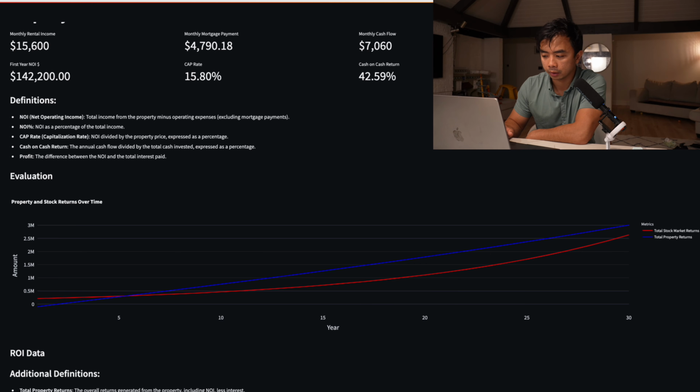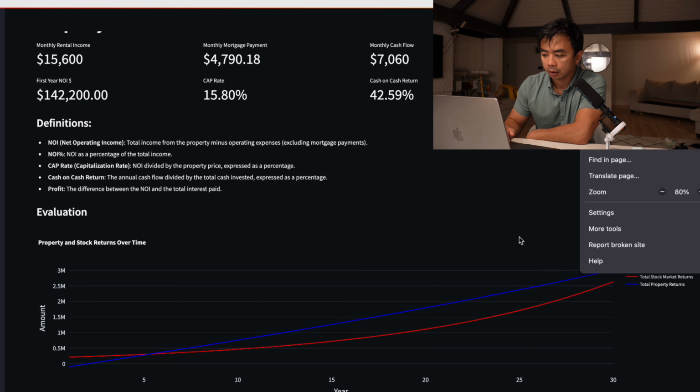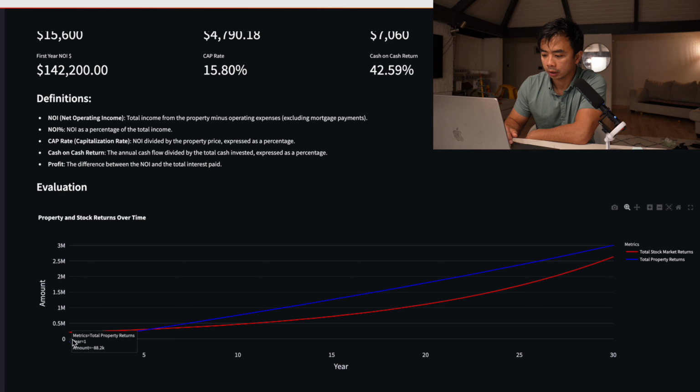So if you look at this chart right here, comparing this versus the stock market, the first year it is underperforming. So let's actually zoom in a little bit. The first year is underperforming, but then after year 5, it outpaces the stock market.